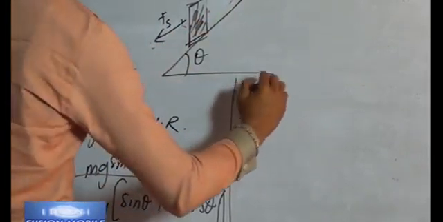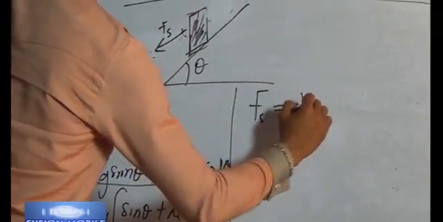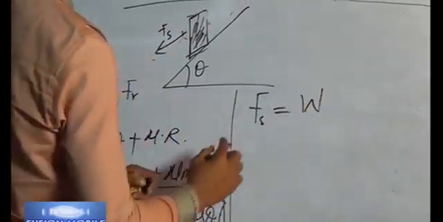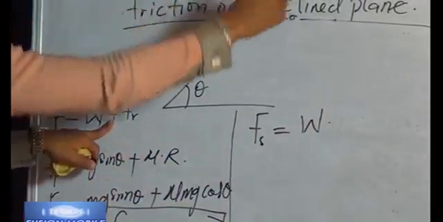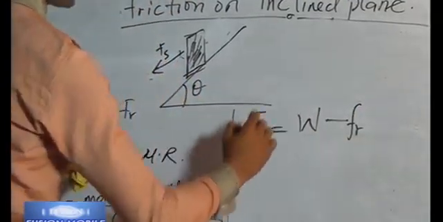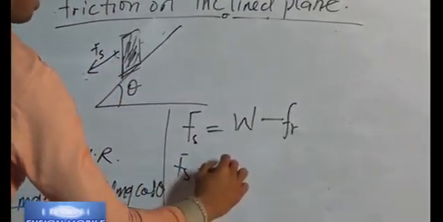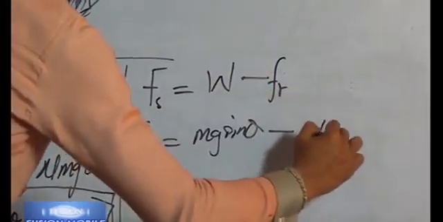So we'll say that the force of sliding is equal to first the weight on the plane, but instead of plus, as when it's going up, what we have is minus frictional force, such that we have F sliding to be equal to, my weight is mg sine theta, minus the frictional force, which is mu R.